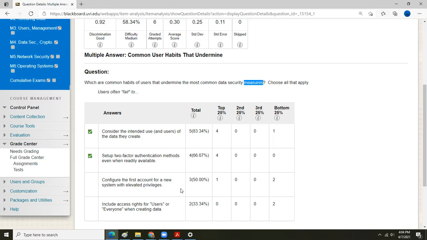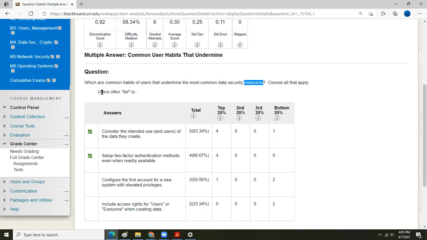Two-factor authentication and identity management, yes. RBAC. And what's the third one? Encryption. Yeah, encryption. Two-factor authentication, RBAC, and encryption.